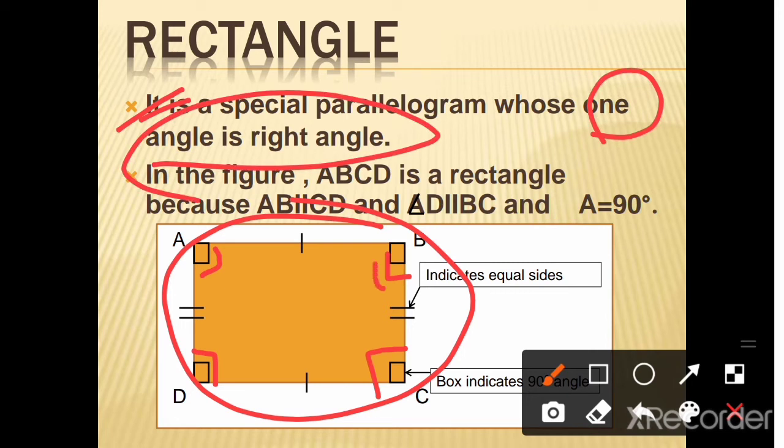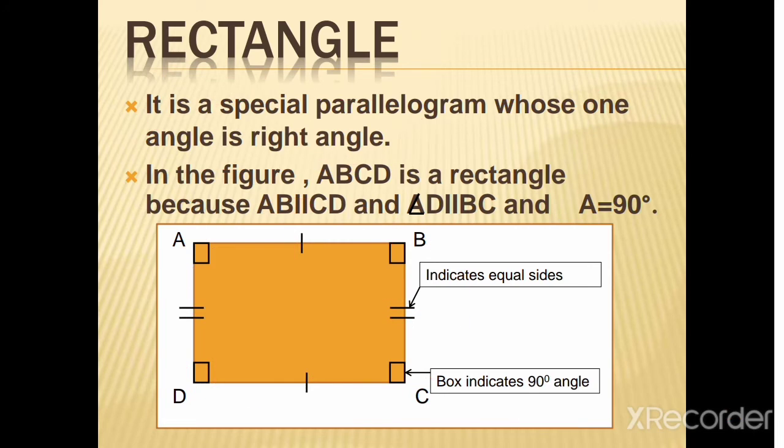It means each angle is 90 degrees, and opposite sides are parallel and equal. So ABCD is a rectangle.